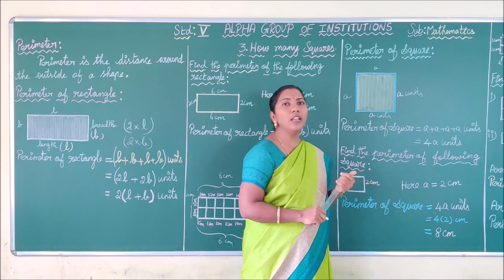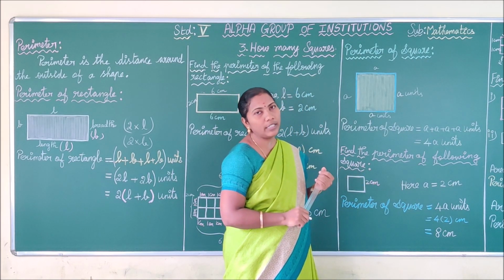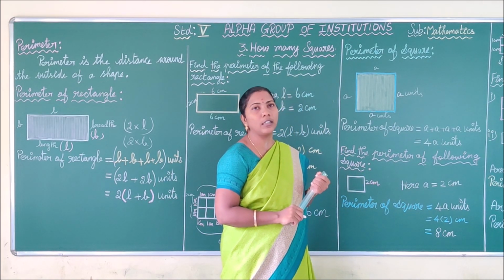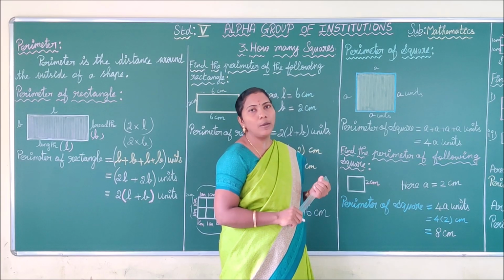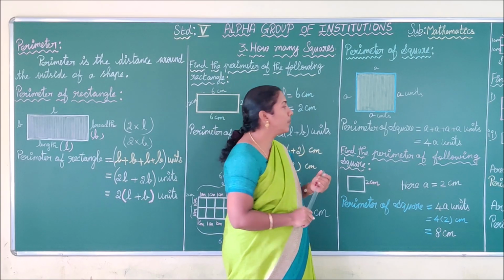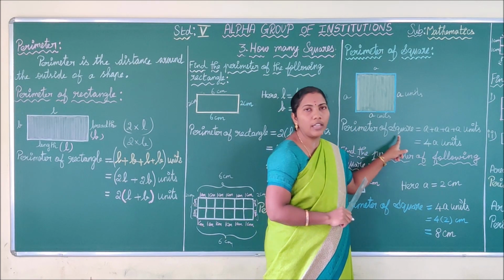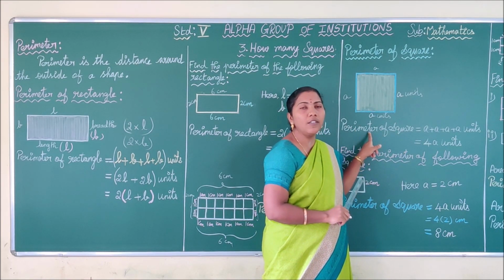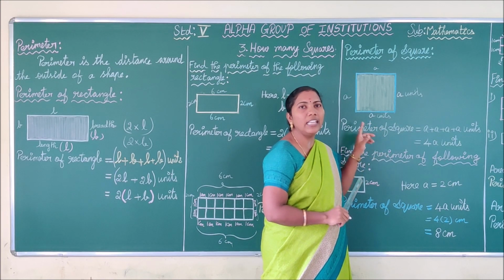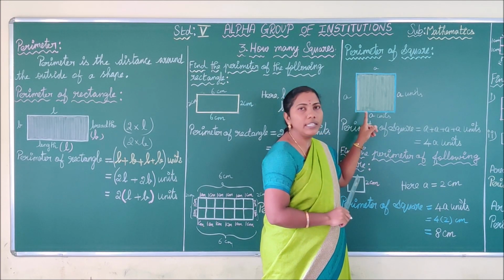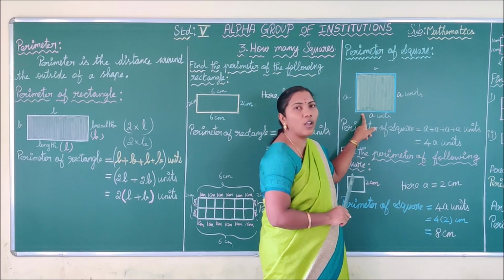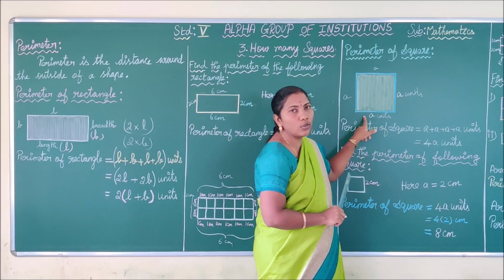Already we have derived the formula for the perimeter of a rectangle. What is the perimeter of a rectangle? 2 into L plus B units. Now we are going to derive the formula for the perimeter of a square. To calculate the perimeter, we have to just add the length of all its sides. How many sides does the square have? 4 sides.